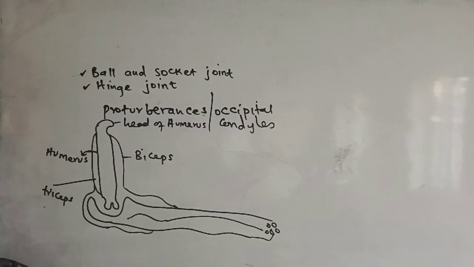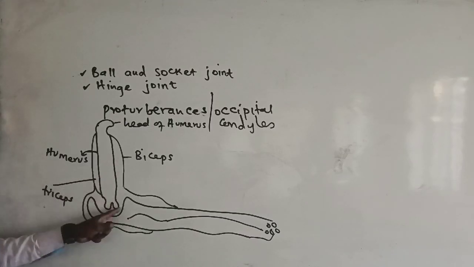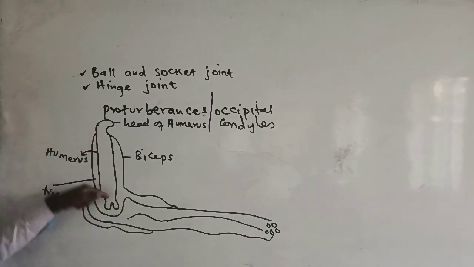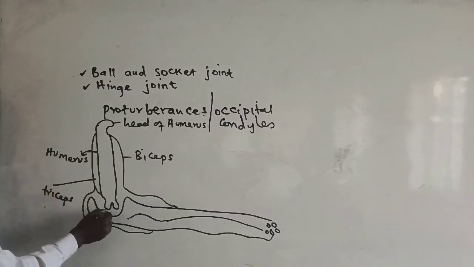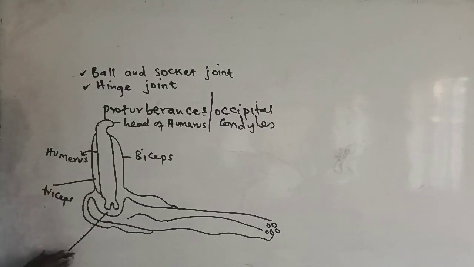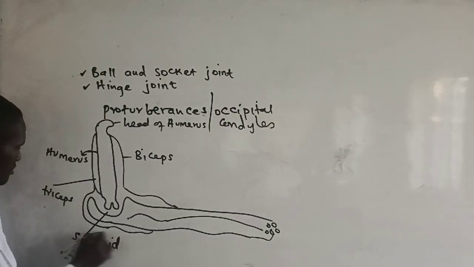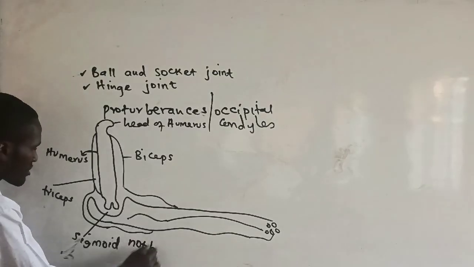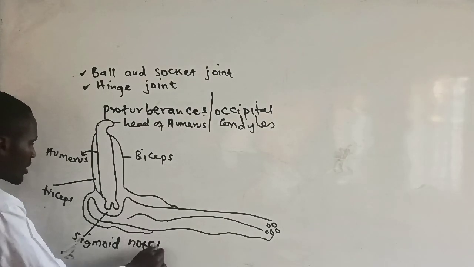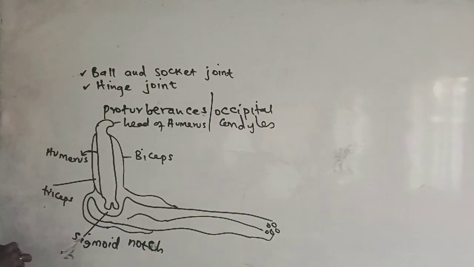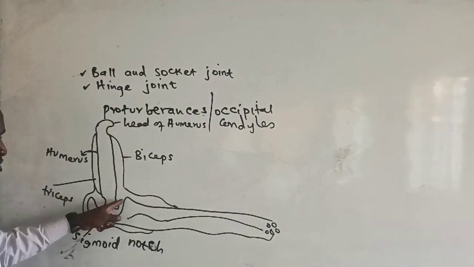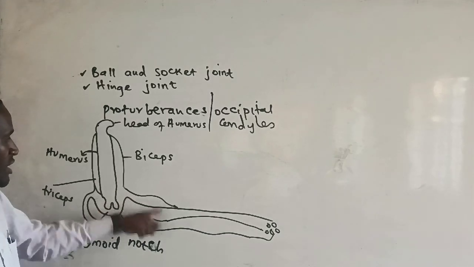So at every joint, and this is a very good example of what you call a hinge joint, the condyles of this humerus are fitting into the sigmoid notch of this head, or the cavity or the depression of this radius and ulna.